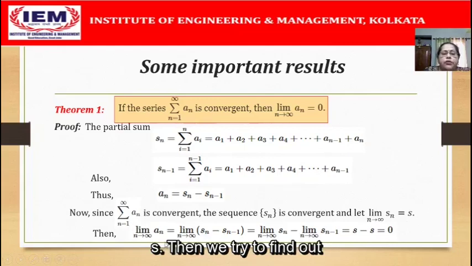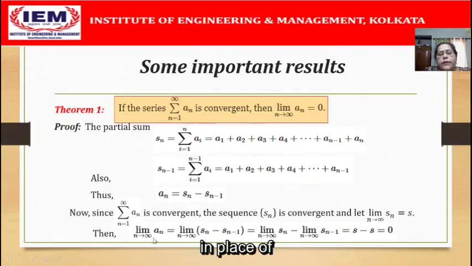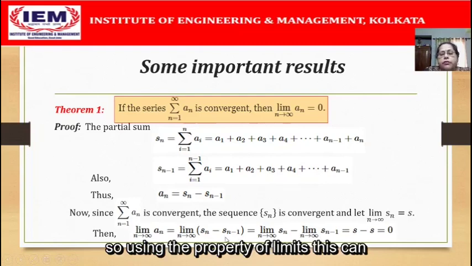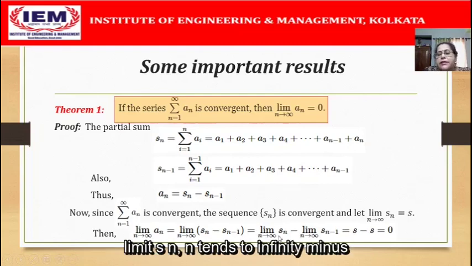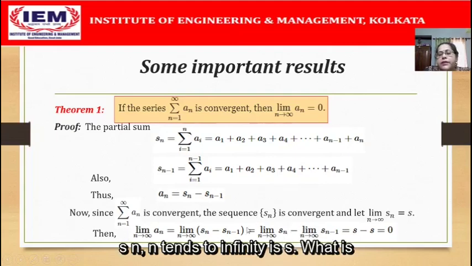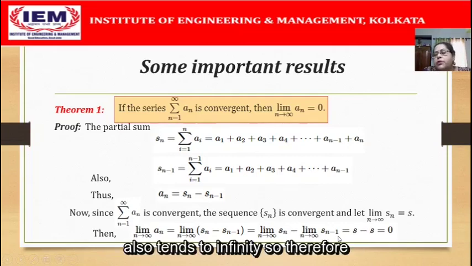Then we try to find limit an as n tends to infinity. Now in place of an, we put Sn minus Sn minus 1. So using the property of limits, this can be written as limit Sn as n tends to infinity minus limit S of n minus 1 as n tends to infinity. Now limit Sn as n tends to infinity is S. What about this term? See that as n tends to infinity, n minus 1 also tends to infinity.